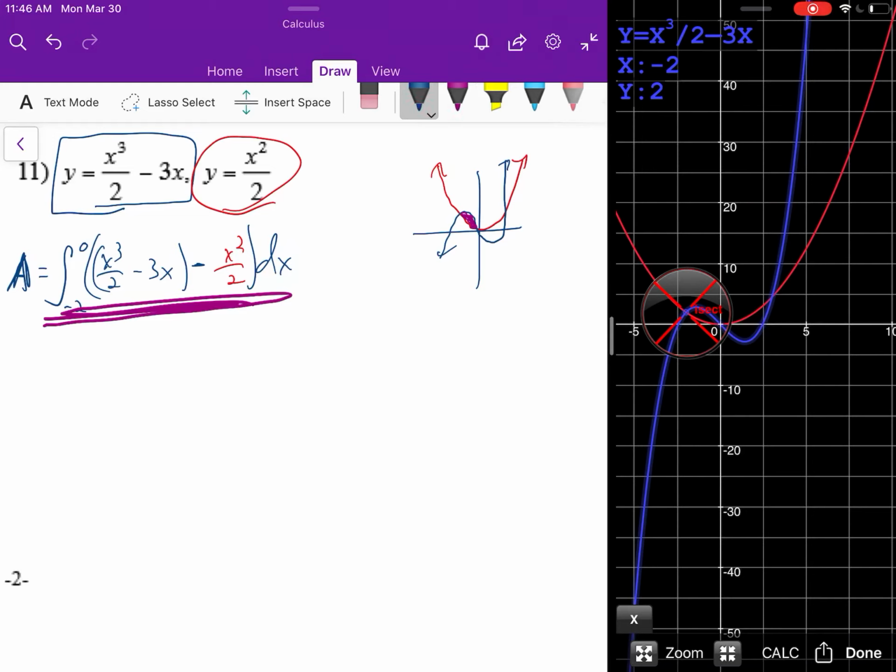But now, moving on to the next part, we're going to integrate from 0 to 3, I believe it was. And this time the red comes first because the red function is higher.